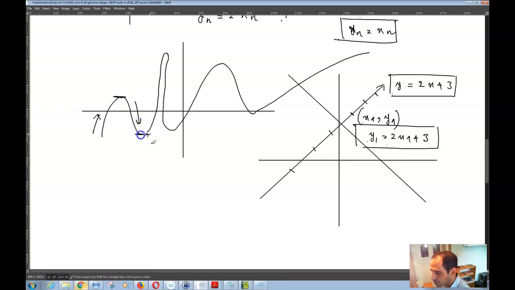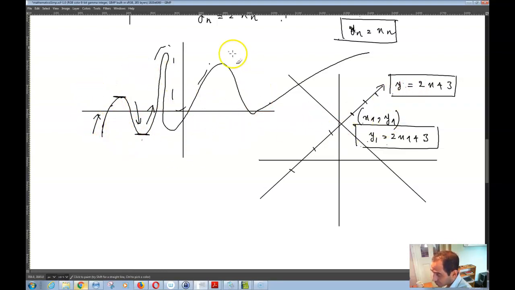Over here you come to a trough, and over here again you are increasing, and so on and so forth. And of course the rate at which the function is increasing and decreasing is different. For example, over here the function is decreasing much faster compared to the rate of change at this point. At this point, the rate of change is much slower than this part over here.